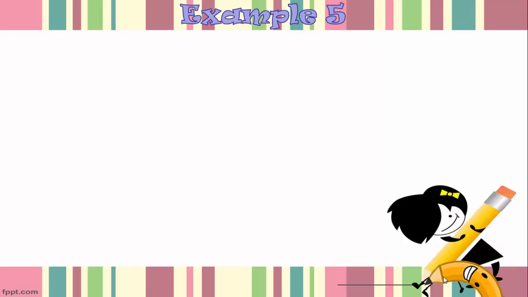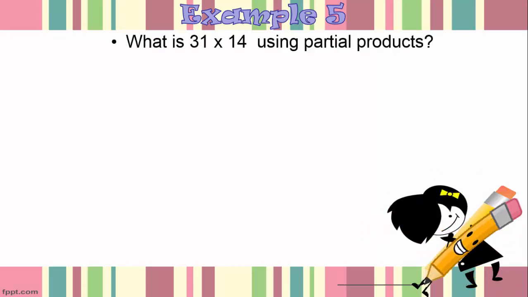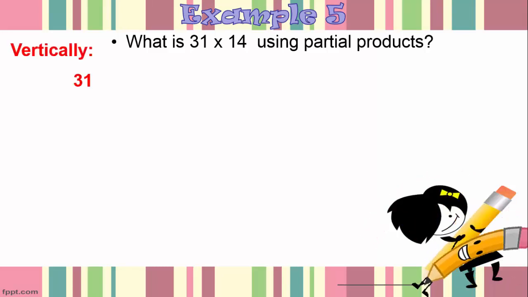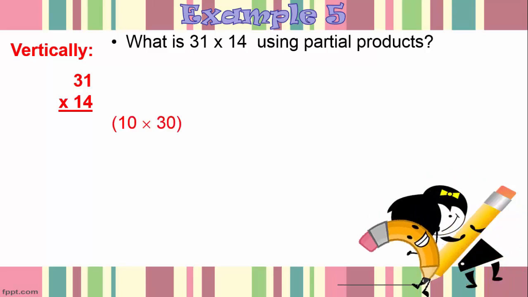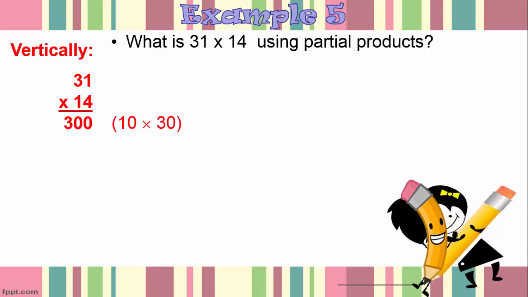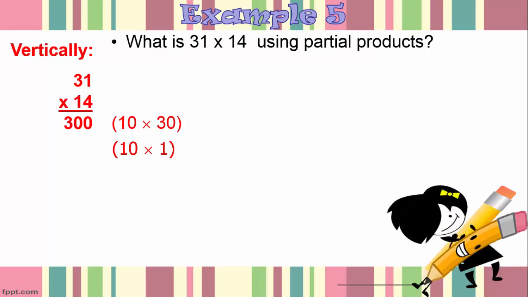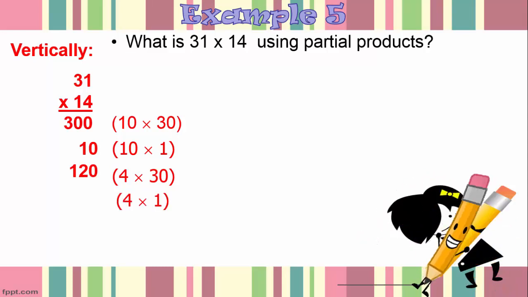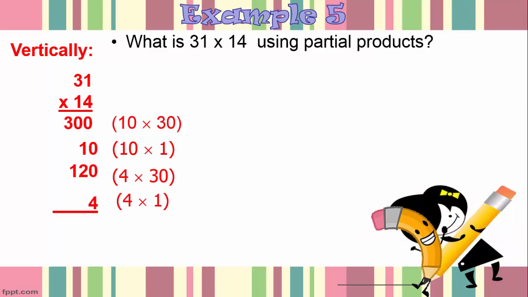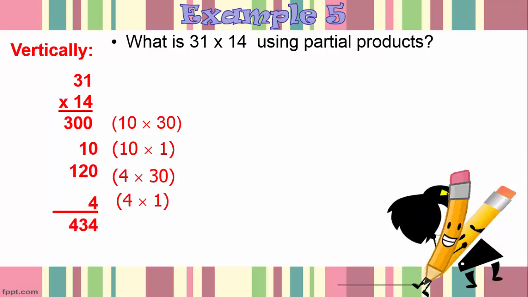Example number 5 asks us, what is 31 times 14 using partial products? Vertically, 31 times 14, 10 times 30 gives me 300, 10 times 1 gives me 10, 4 times 30 gives me 120, 4 times 1 gives me 4. I add all these up and I get 434.